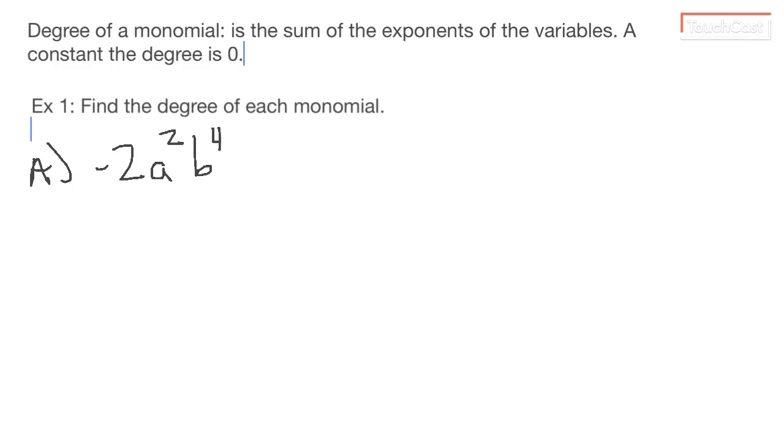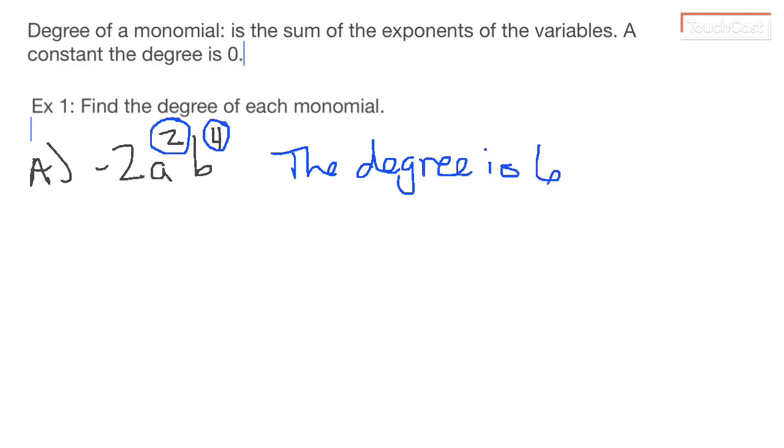So what we're going to do to find the degree is we're going to look at the powers of both variables and add them. So in this problem, the degree is 6 because 2 plus 4 is 6.